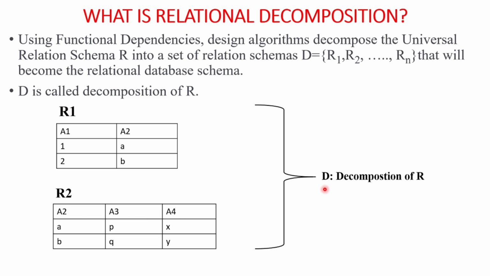So D is the name given for the set of decompositions of R. This is called decomposition of R, meaning dividing the original universal relation schema R, or single table R, into multiple smaller tables. That is called decomposition.